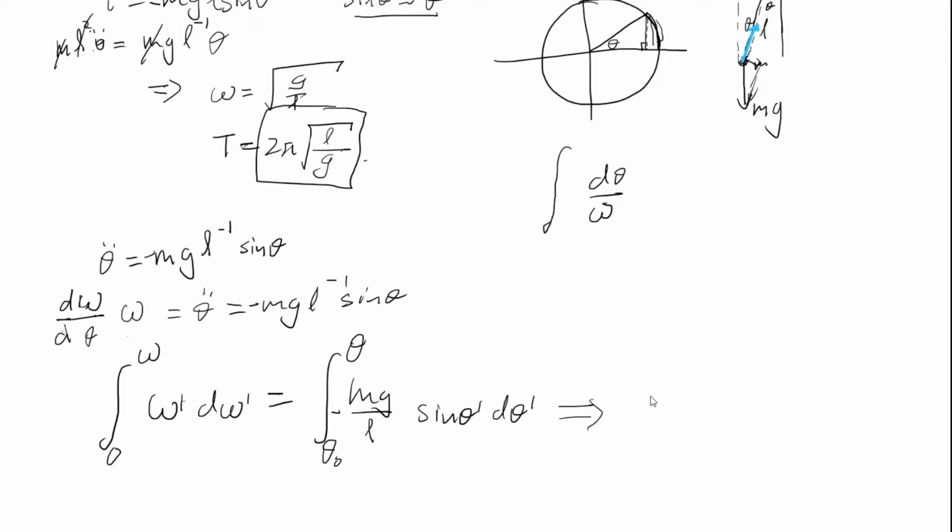So on this side we get 1/2 omega squared, and that's going to be equal to, this negative sine theta is just cosine theta, so it's equal to mg over L times cosine theta minus cosine theta naught. And this makes sense since this side is positive, and for smaller theta, the cosine theta is going to be larger.